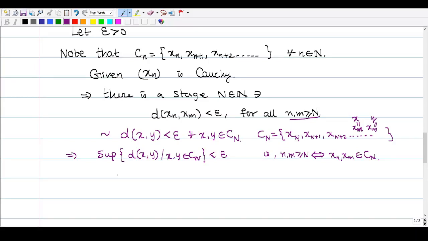Okay, அப்போ இது யாரு? This is equal to diameter of Cn. This is less than epsilon அப்படின்னு proof பண்ணிருக்கேன்.